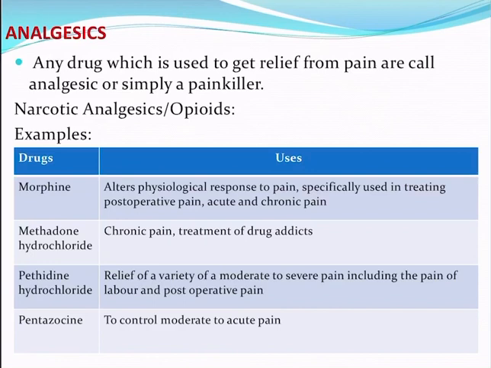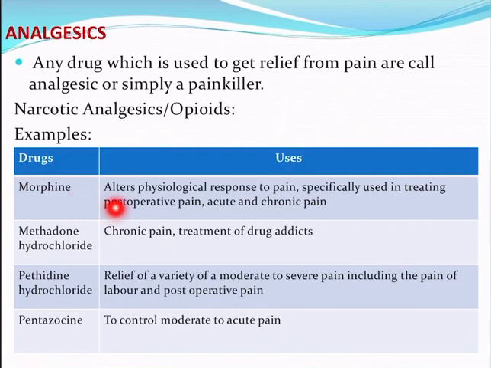The pain may be present but may not be perceived as painful. That means these drugs alter the emotional reaction to the pain, creating numbness, allowing us to sleep and not feel the pain. Such drugs are classified as narcotic analgesics. Examples of these drugs are, the first one is morphine.